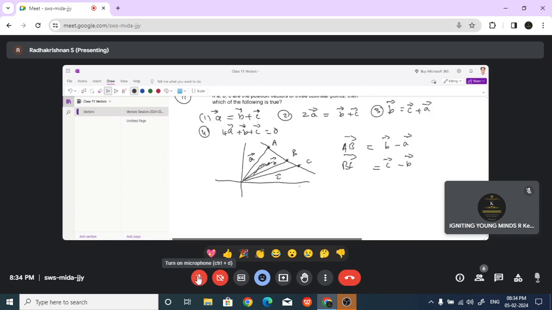Okay. Now, just see if these two are parallel. So we have to see that AB and BC are parallel. So for that, we have to see whether B minus A is equal to some lambda into C minus B. Then they are parallel, and so they will be collinear also. So which of the options satisfy this condition?